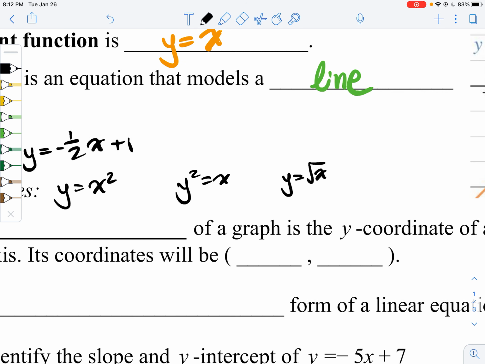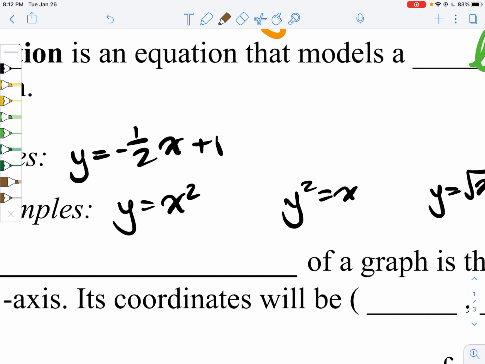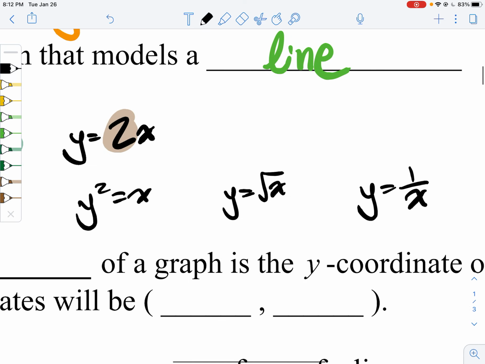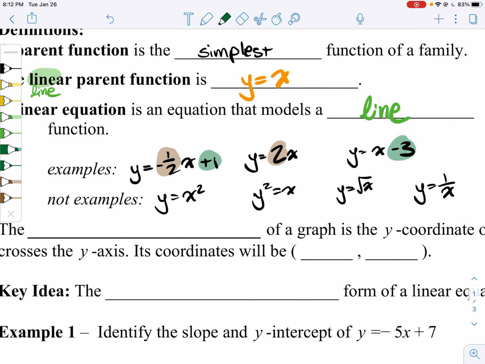You can't have y equals 1 over x. Those fractions aren't fun. But you can have something times x, something plus, x plus something. That's fine. So you can have things like y equals 2 times x, y equals x minus 3. You can add and subtract, but don't go any more than that.